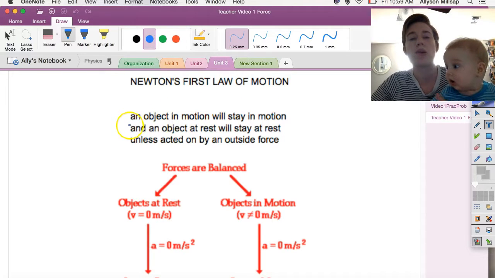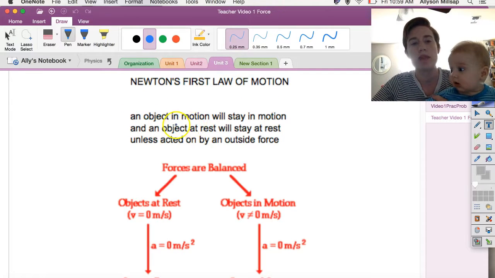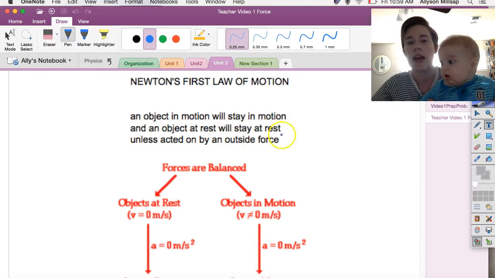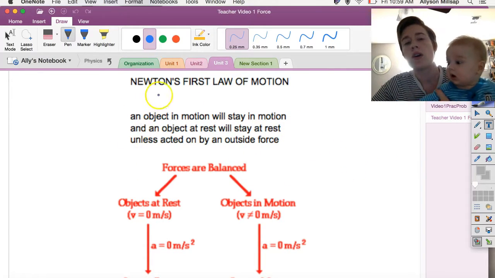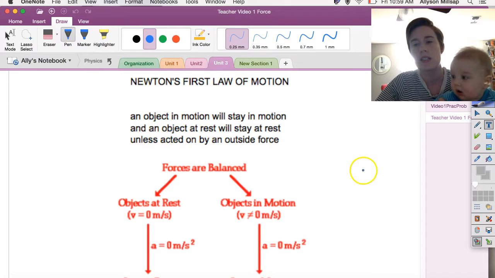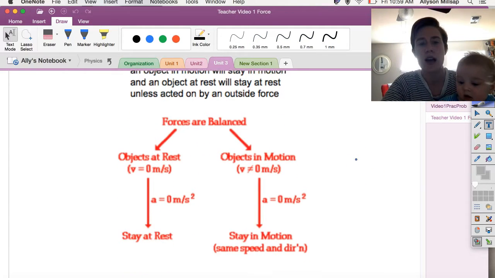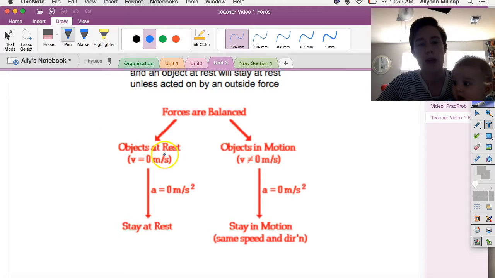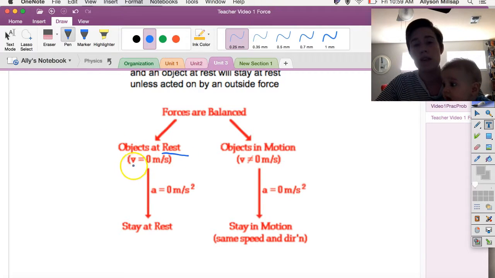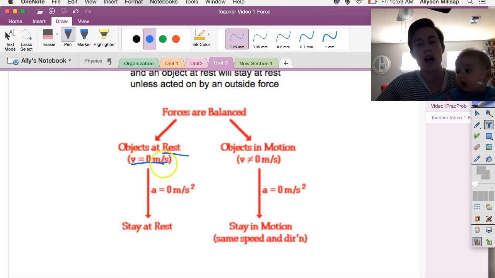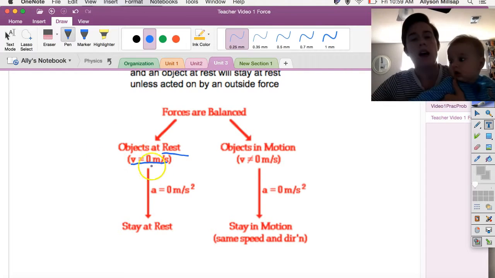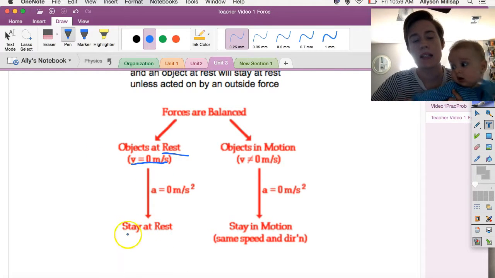So his first law of motion states that an object in motion will stay in motion, and an object at rest will stay at rest unless acted on by an outside force. This law really has two different clauses, okay? It's got a statement saying an object at rest, that means it's not moving, so its velocity is 0. This object that's not moving is going to stay that way, it's going to stay at rest.